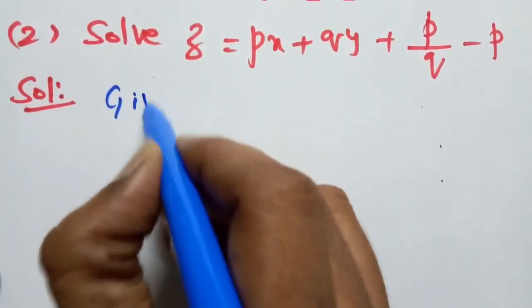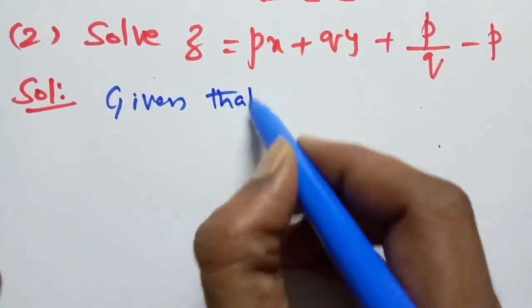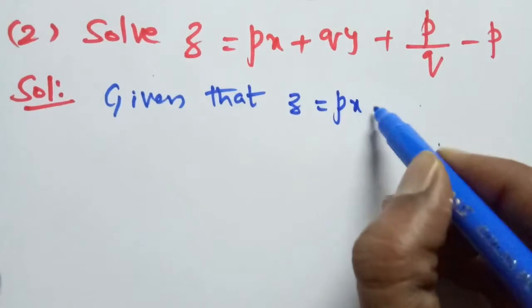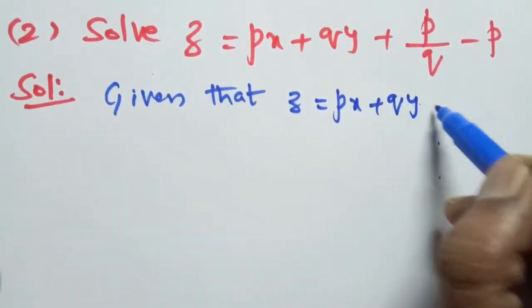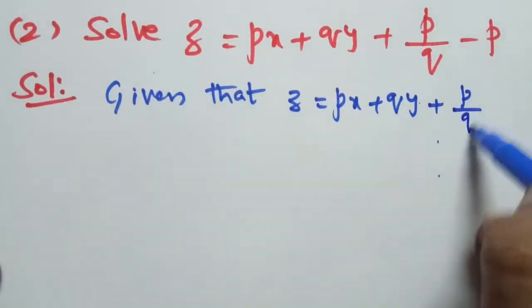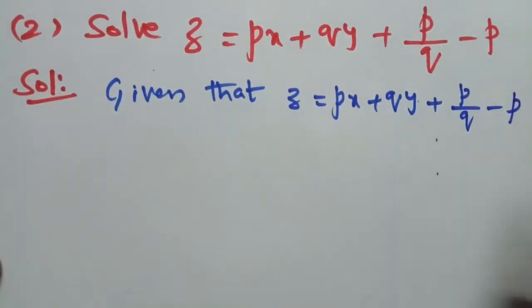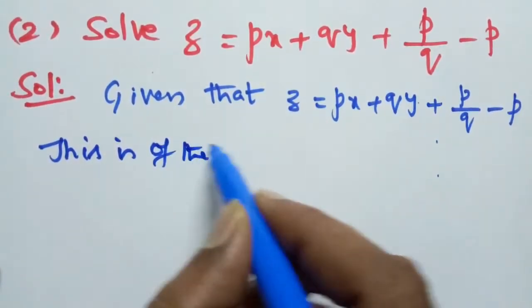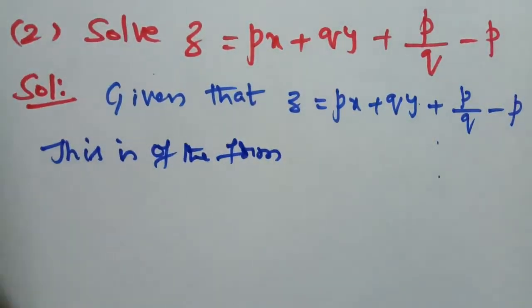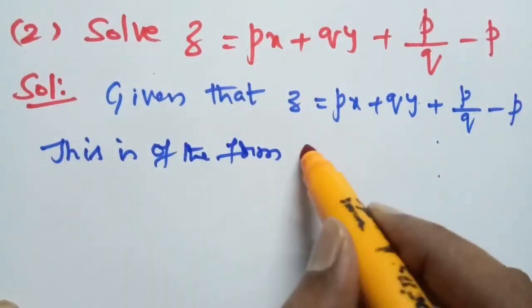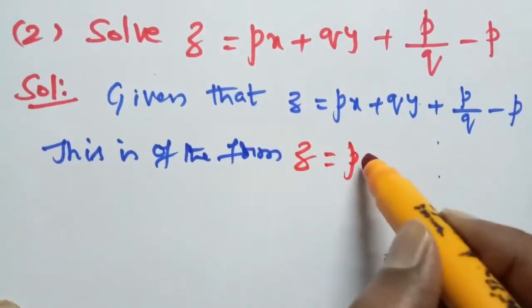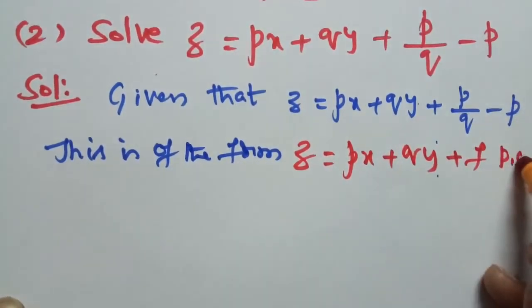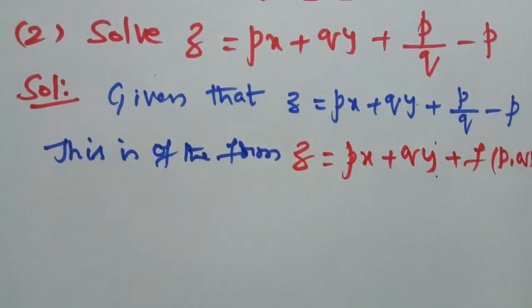Given that z is equal to px plus qy plus p by q minus p. This is of the form z is equal to px plus qy plus f of p comma q.